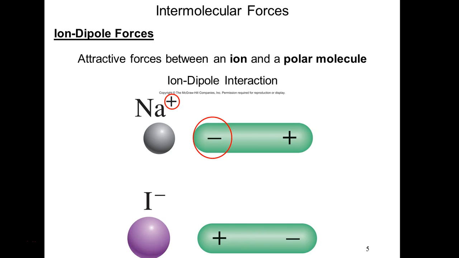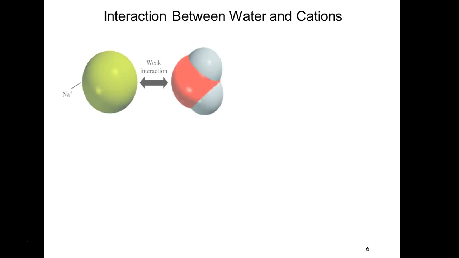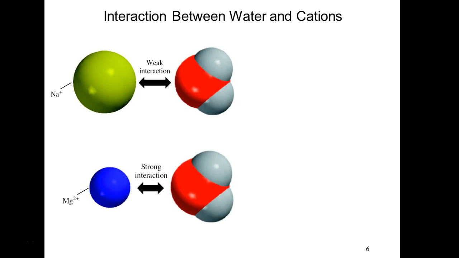One thing about this type of force, though, is you can talk about the relative strength between ion dipole forces, like that in sodium and magnesium. Magnesium, according to Coulomb's law, given the same radius but greater charge, would have a stronger interaction because it is a cation of higher value. It will interact with the negative portion of water, as you can see here, in a stronger way.